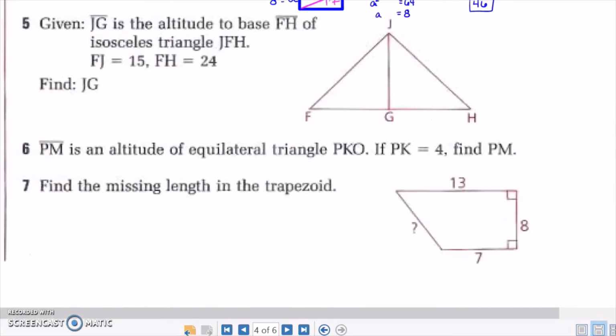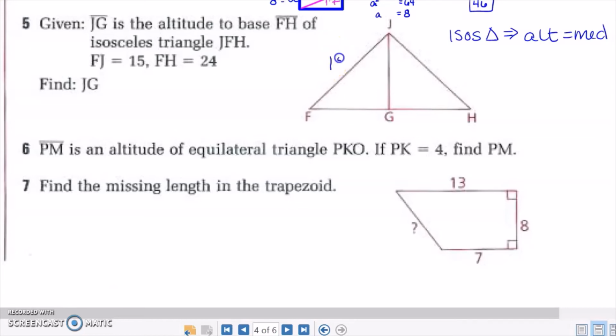On the next example, they tell me that JG is an altitude to an isosceles triangle. We need to remember our axioms. If you have an isosceles triangle, then the altitude is the median. Even though we're not writing proofs anymore, all of these properties are going to come back and we'll need to apply them.